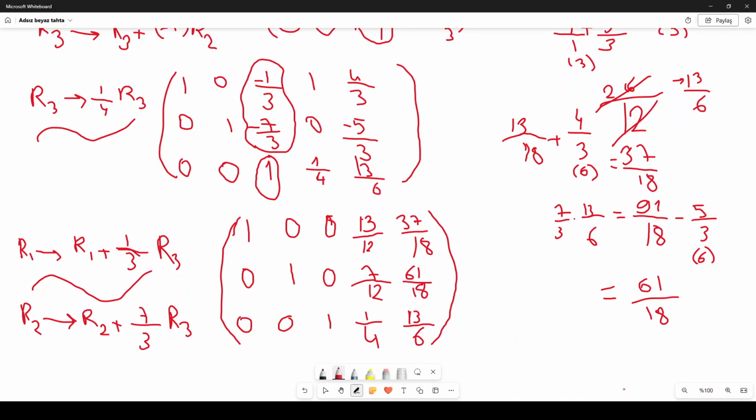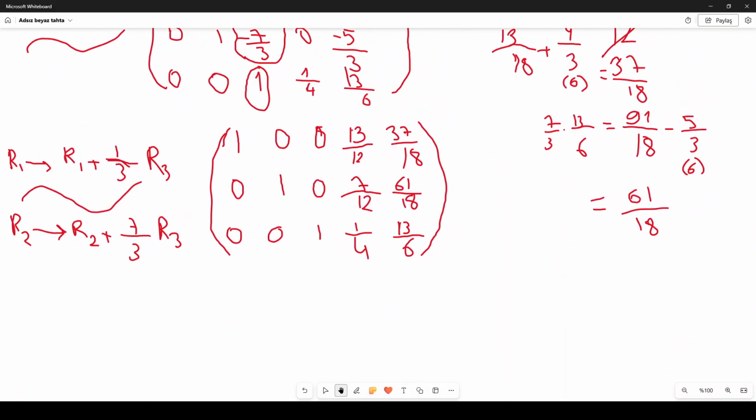Alright, now let's see what we have found. Am I done with the Gauss-Jordan elimination process? Okay, I check row by row, and this is the first pivot element, this is the second, and this is the third pivot element. First of all, now our final matrix is in the row echelon form.